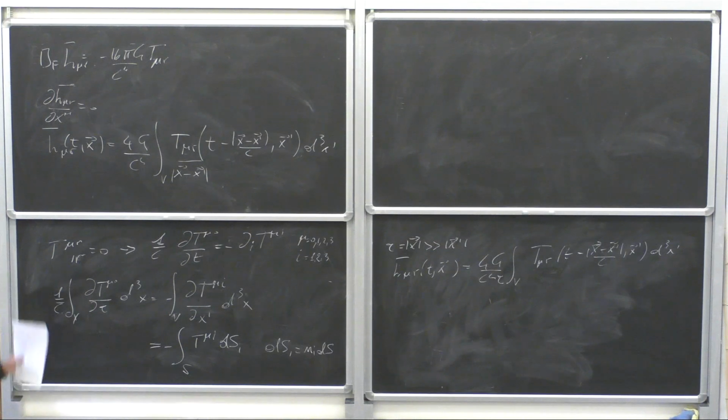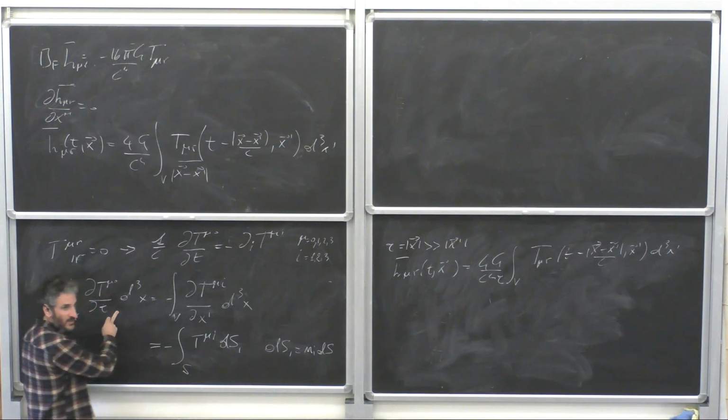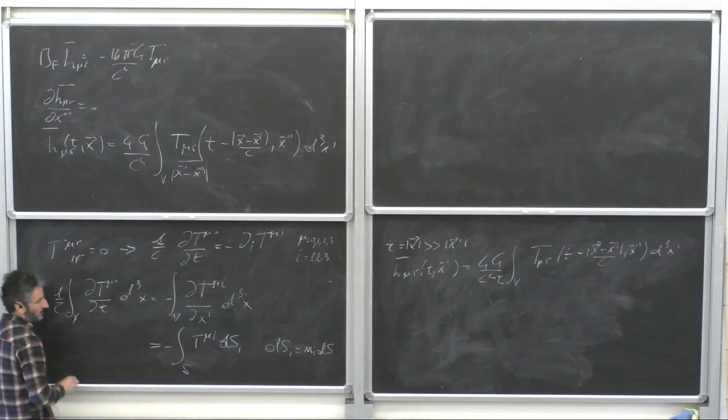We have sources which have a fall off rapid enough such that they vanish at the boundary, so the flux here is completely zero.